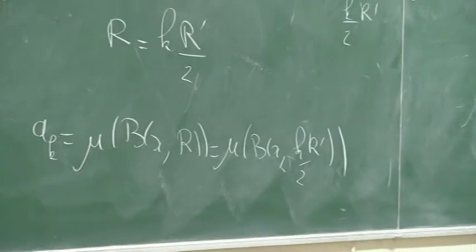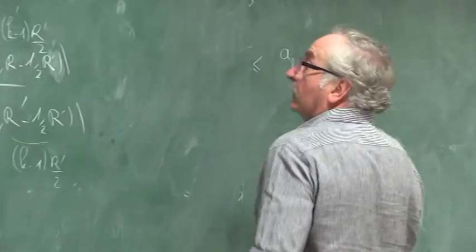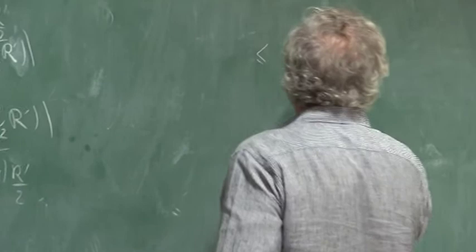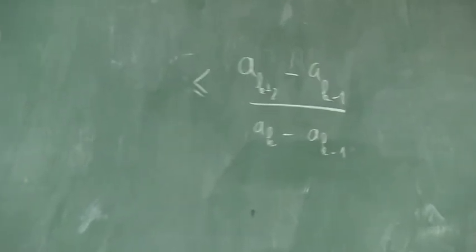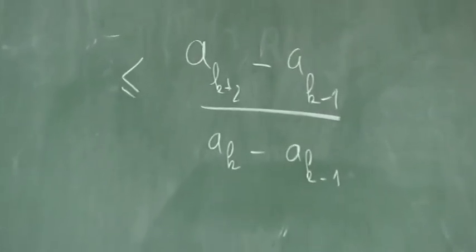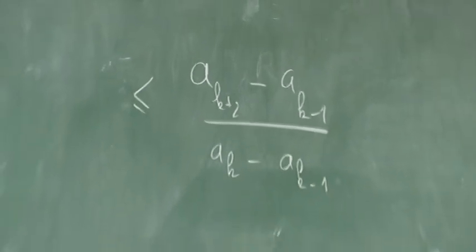then here we have an inequality which is A_{K+2} minus A_{K-1}, divided by A_K minus A_{K-1}, is greater than this fixed quantity, which for the sake of convenience I will call C plus 1. I subtract 1 for some reason that will be clear in a minute.